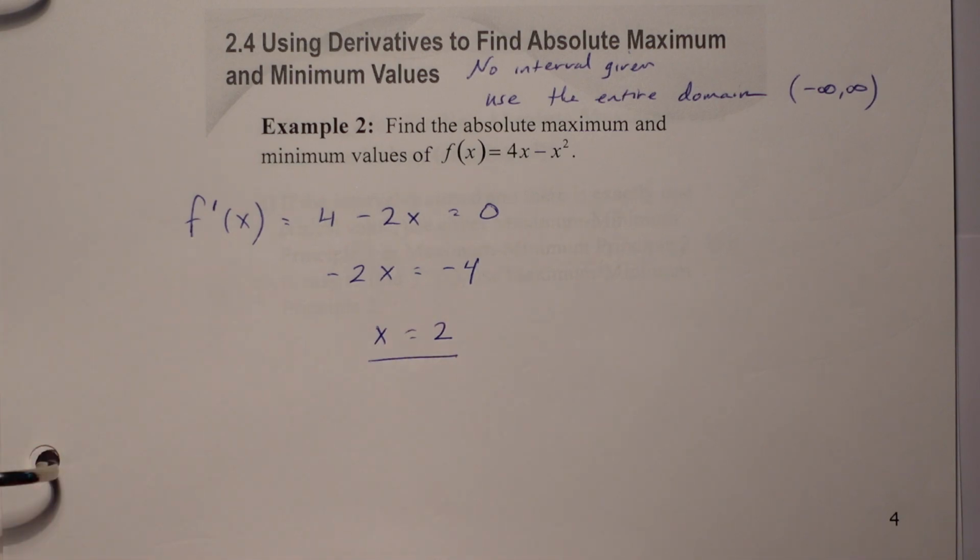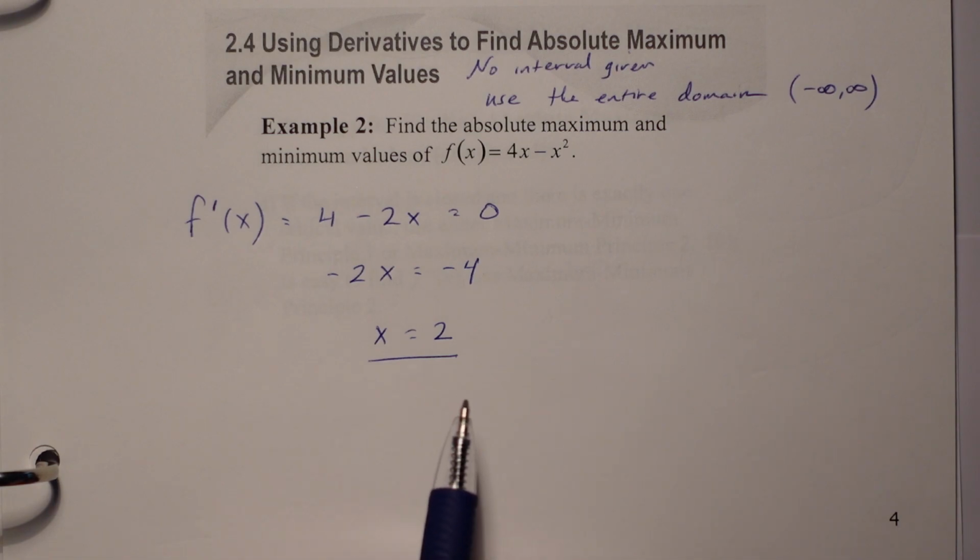Now, remember, the second principle for maximums and minimums tells us something very straightforward. If there's exactly one critical number over a particular interval, and in this case our interval is negative to positive infinity, we're looking at that entire domain. There's only one critical number.